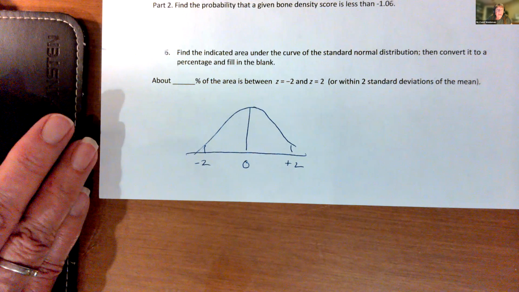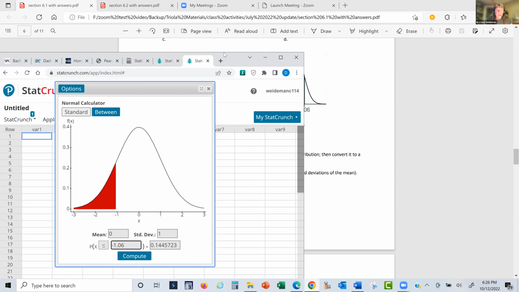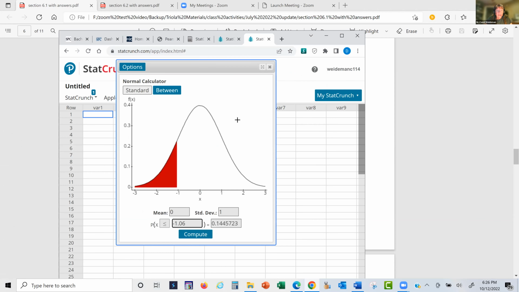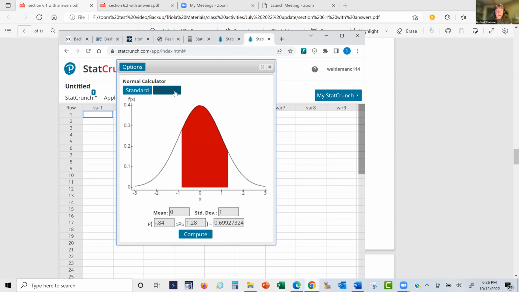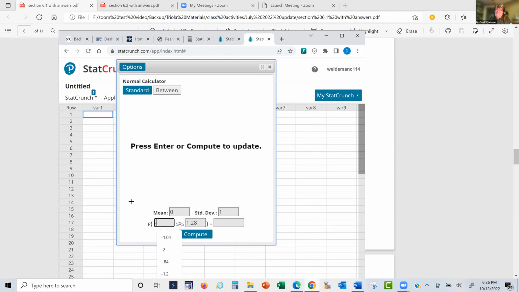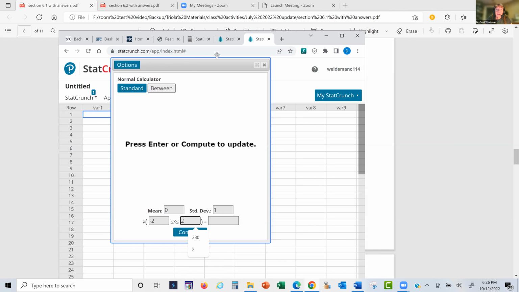Okay. All right, so what we're going to do here is, let's go to the between. And we're just going to put in here -2 and +2 because we want to go between 2 standard deviations below and above. And remember when we did the empirical rule, what did we say? Approximately what percent of the data is within 2 standard deviations of the mean?